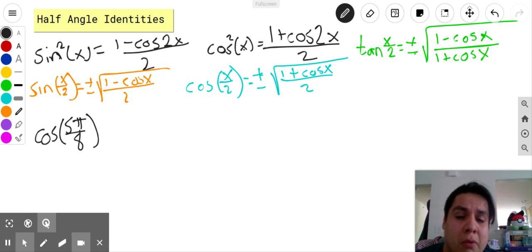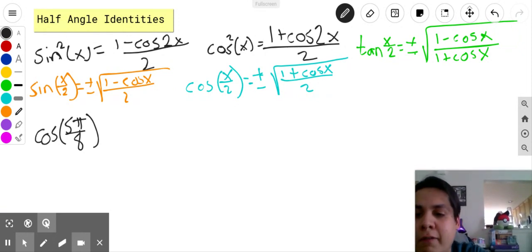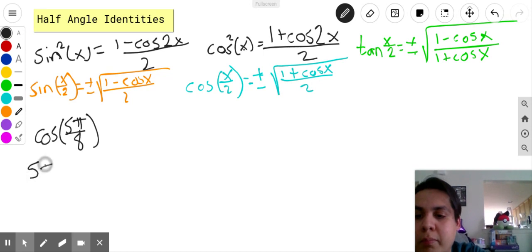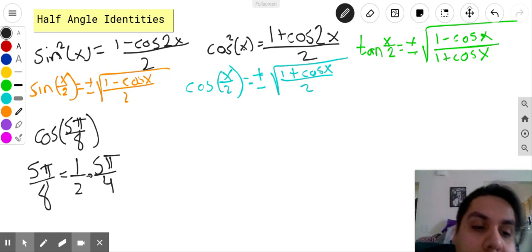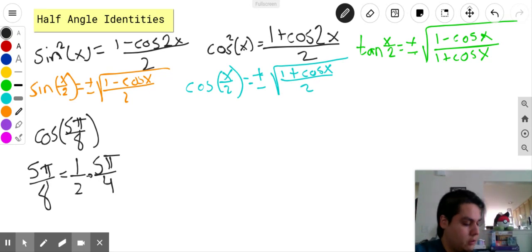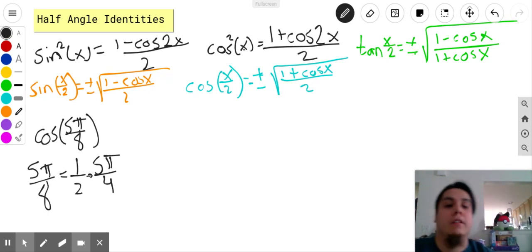So I need to think about which identity would make the most sense to use. 5 pi over 8 I can write as 1/2 times 5 pi over 4. The 1/2 that you see there is your clue that we are going to work with a half angle identity.